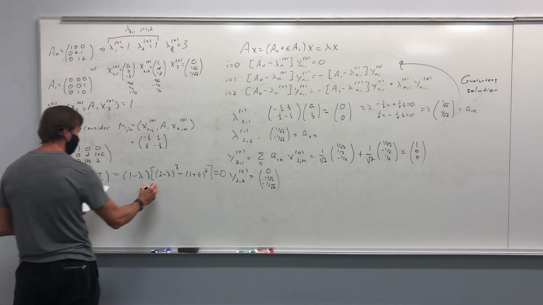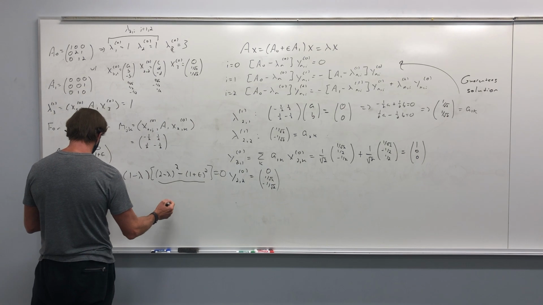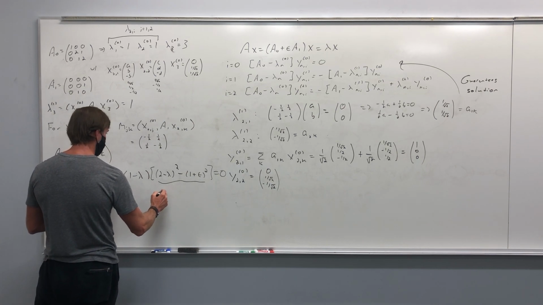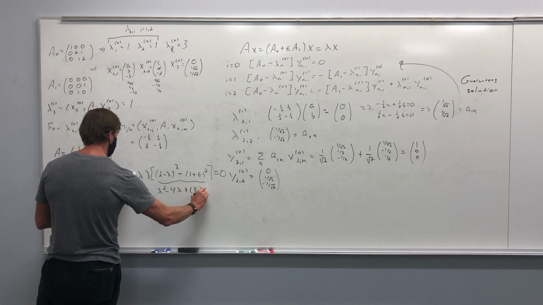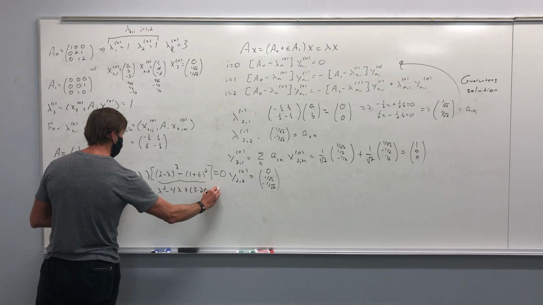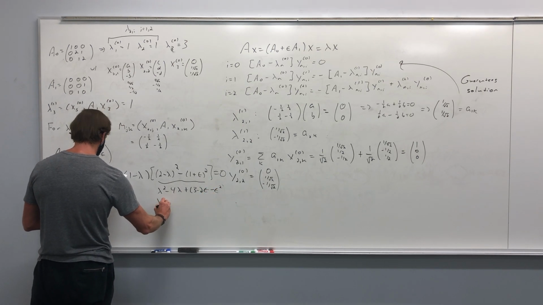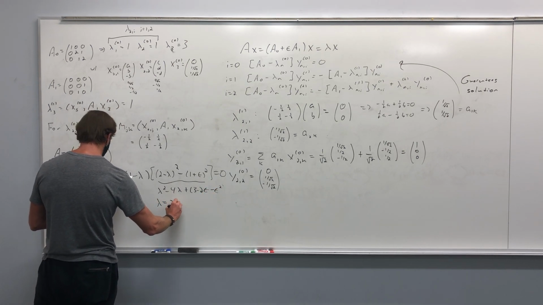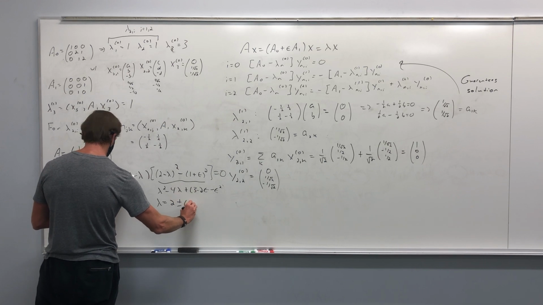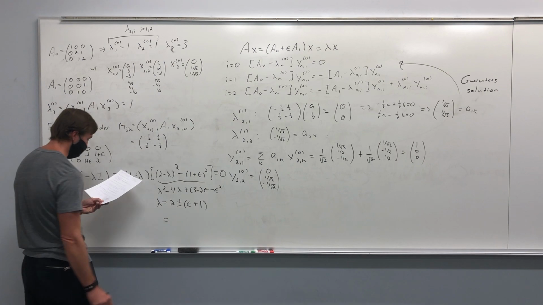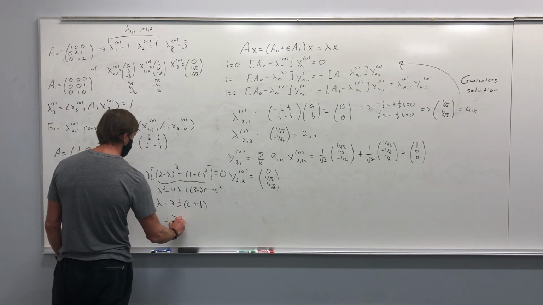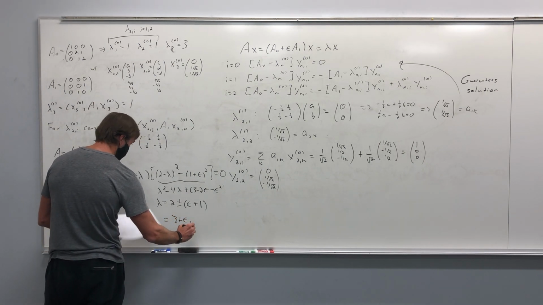In fact, this comes out to be lambda squared minus 4 lambda plus 3 minus 2 epsilon minus epsilon squared, which has the solution 2 plus or minus epsilon plus 1, which has 2 solutions, 3 plus epsilon, or 1 minus epsilon.